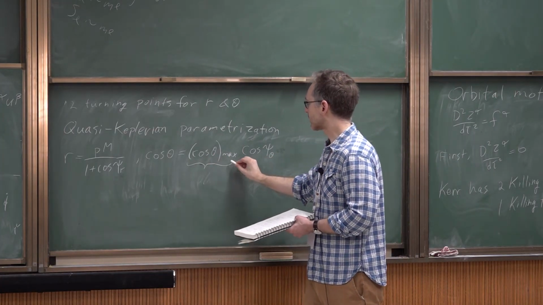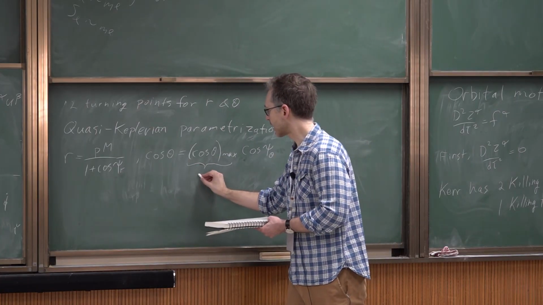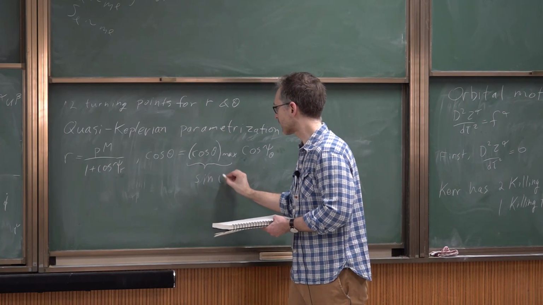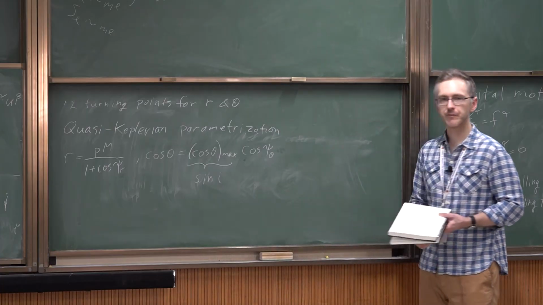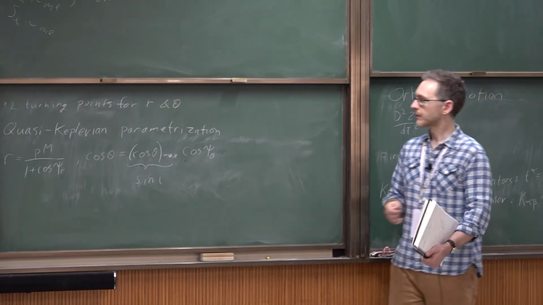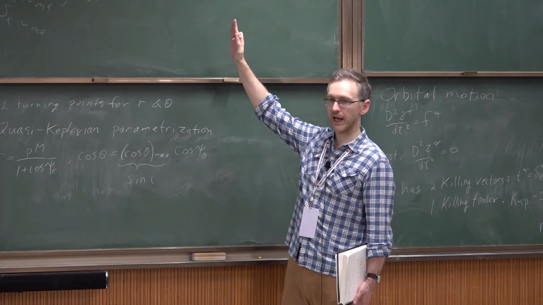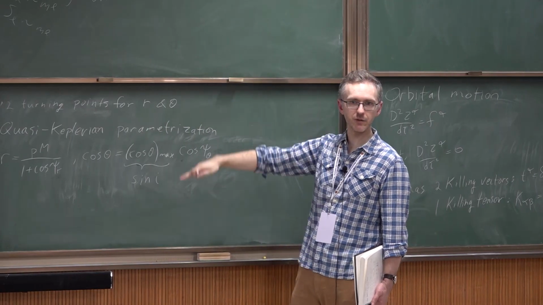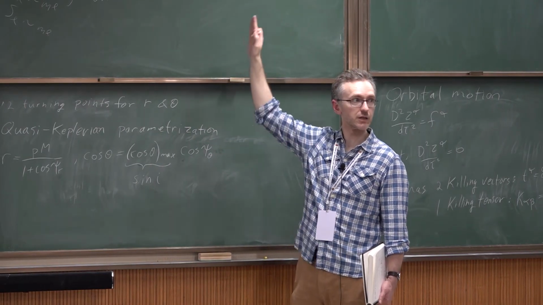Now I can also write this more intuitively in terms of an inclination angle as sine I, where I is the inclination angle. So cos theta max is just the maximum inclination, or if you multiply by r, it would be the maximum inclination.